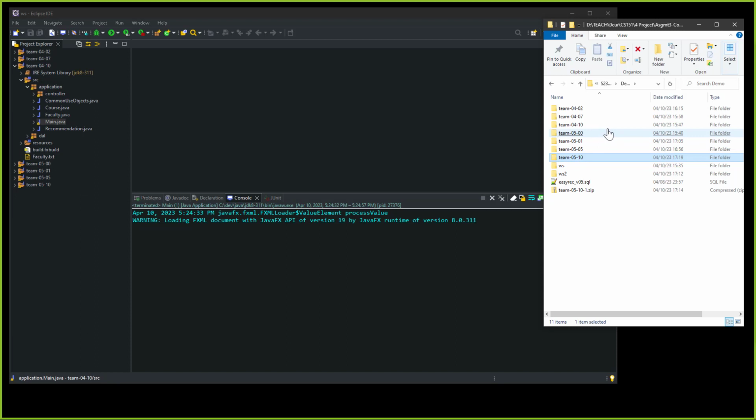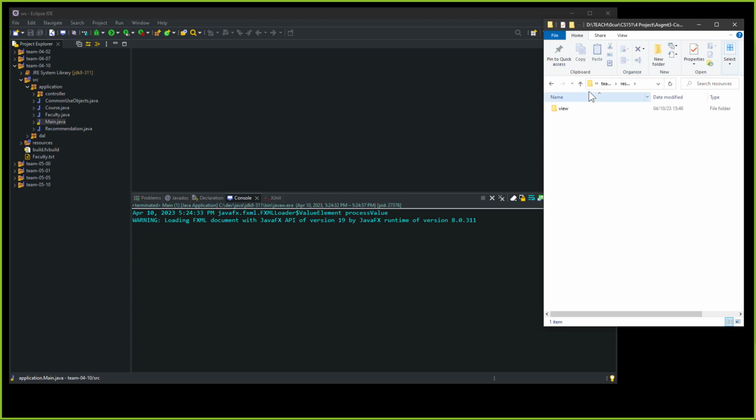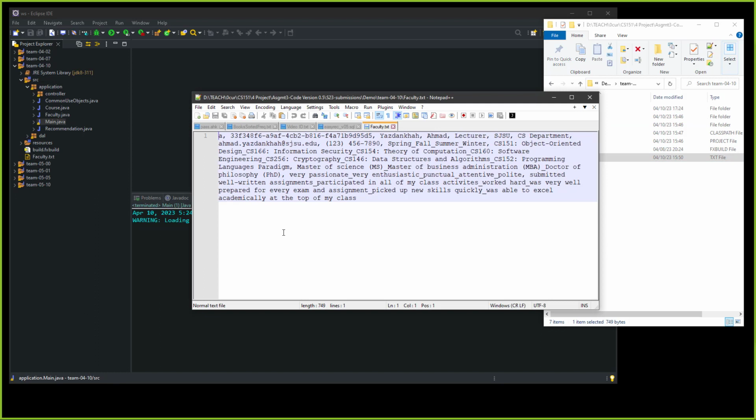It is 410. Okay, I need to figure out the resources. The database is probably here. Yeah, this one probably. Let me change it to P and see what would happen.